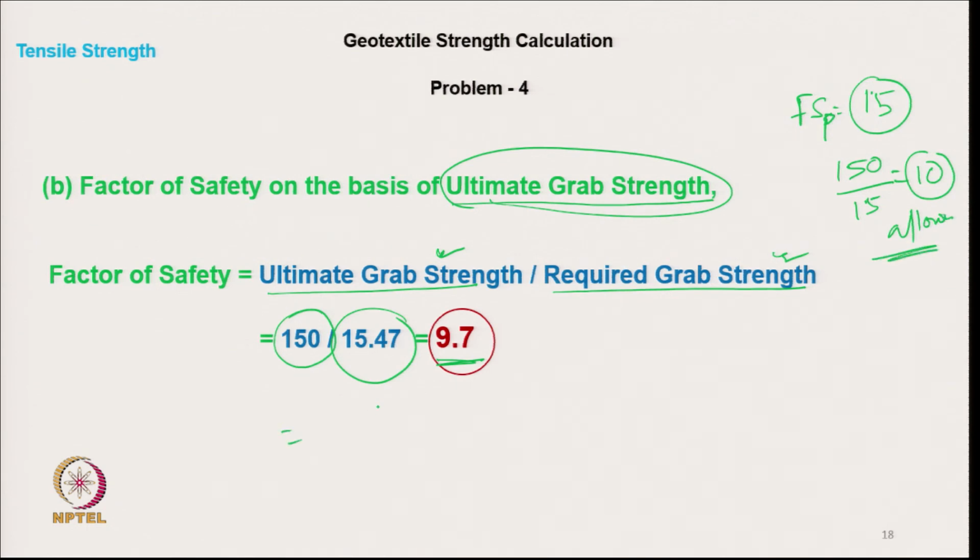Then it would have been 100 by 15.47, if it was given that the partial factor of safety was 1.5.